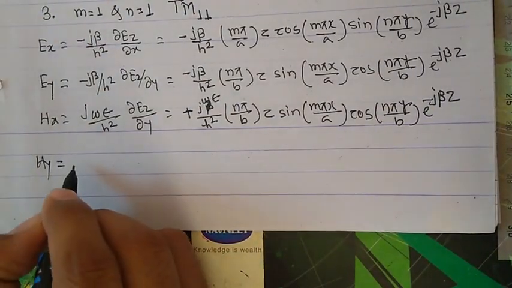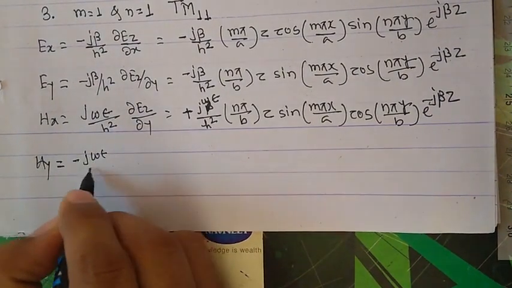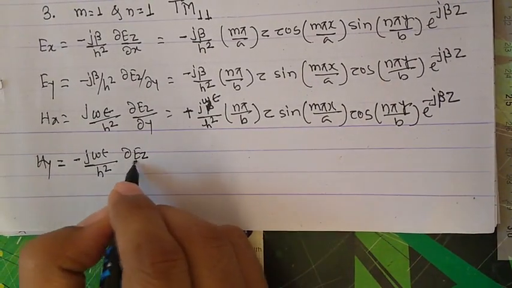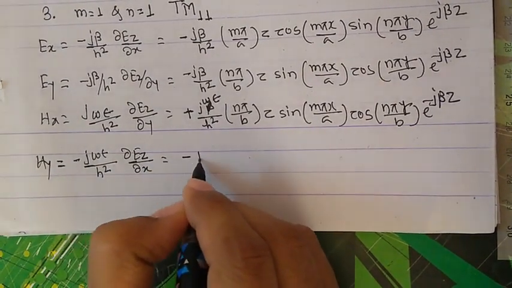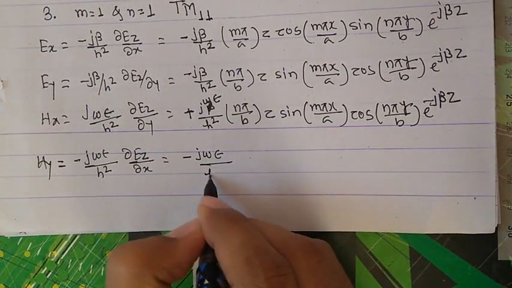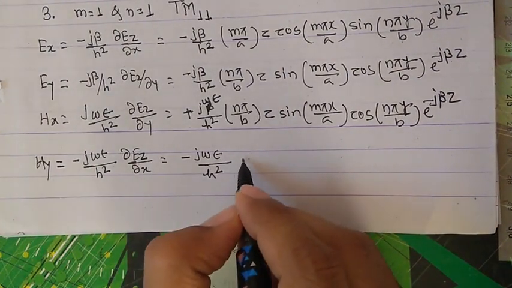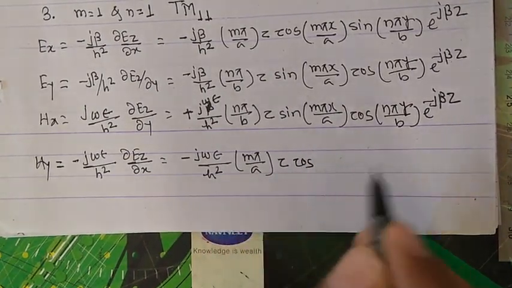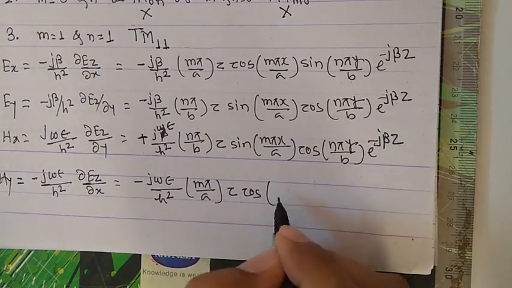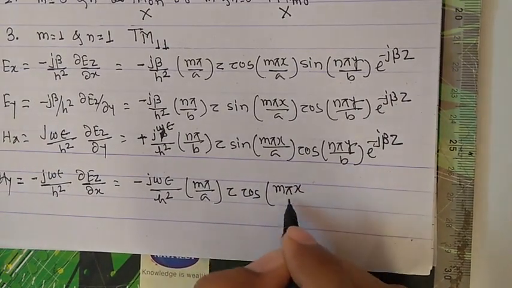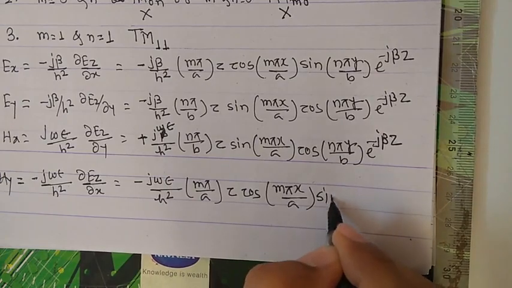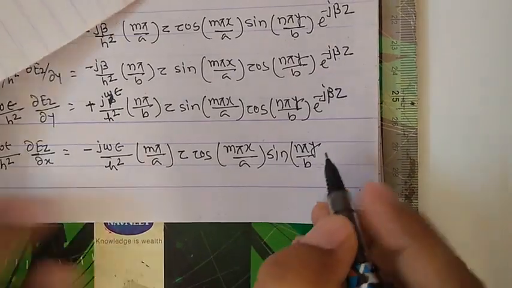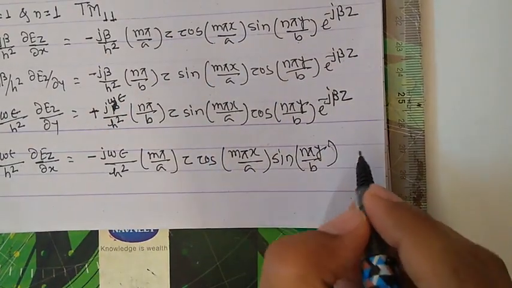So this will be minus j omega epsilon upon h square, m pi by a, C cos, because this time differentiation is with respect to x, m pi x by a, sin n pi y by b, e raised to minus j beta z.